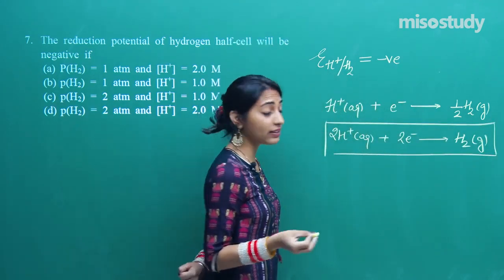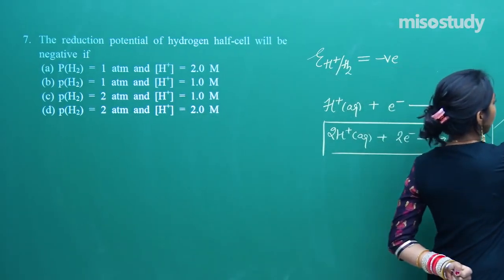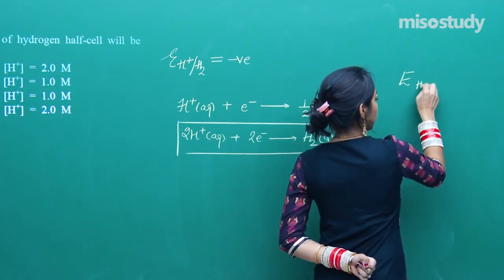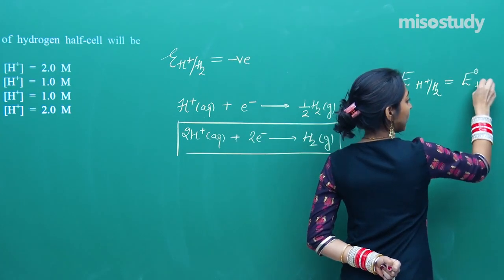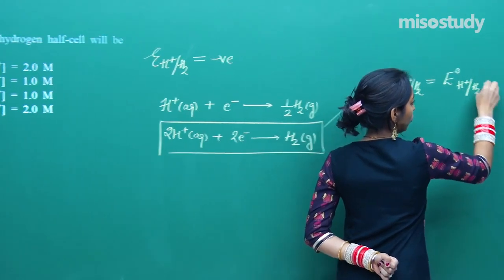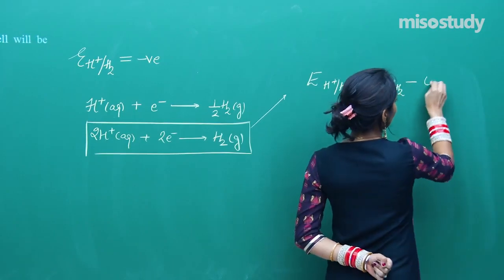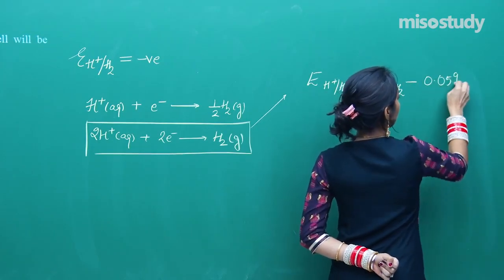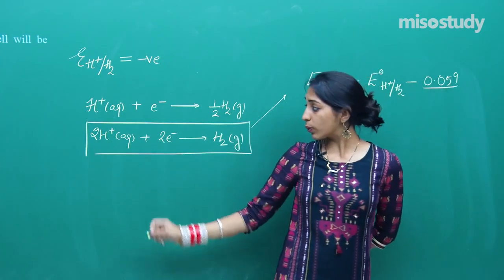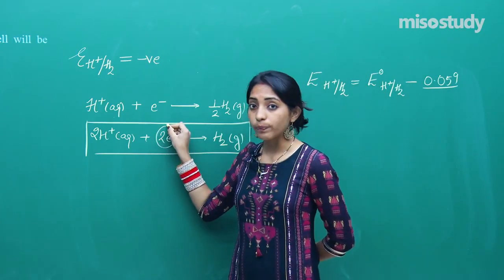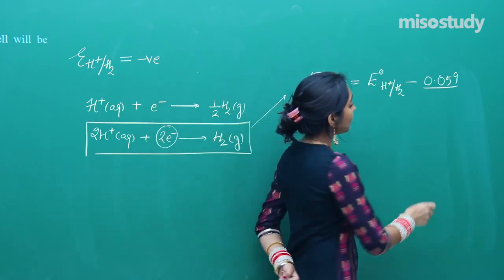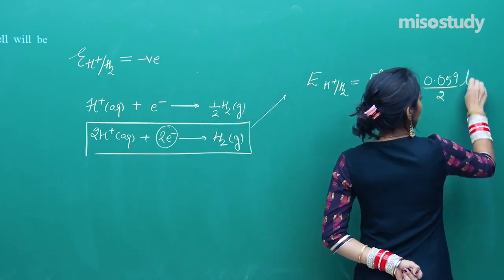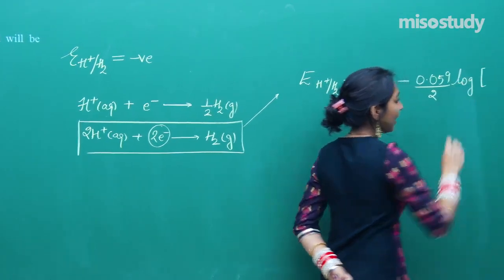Let's write the Nernst equation corresponding to this. So we say E of H plus to H2 will be equal to E naught of H plus to H2 minus 0.059 by n. When you work with this equation, make sure n is 2. If you are working with the previous equation, n will be 1, right? So minus 0.059 by 2 log of, let's write.